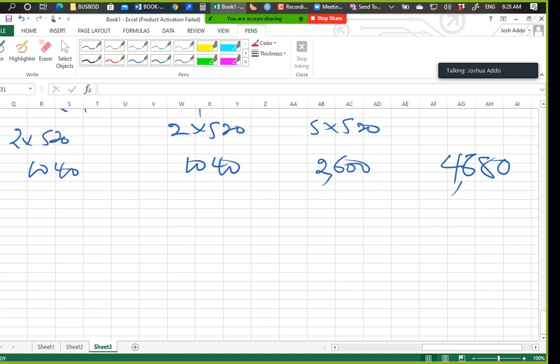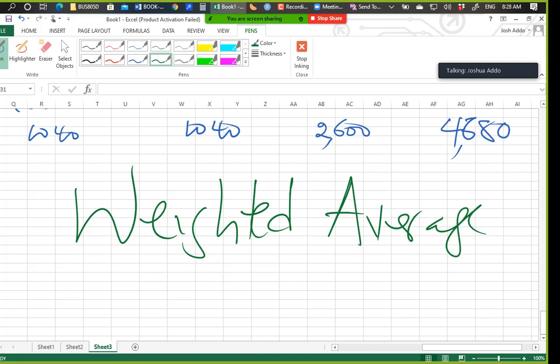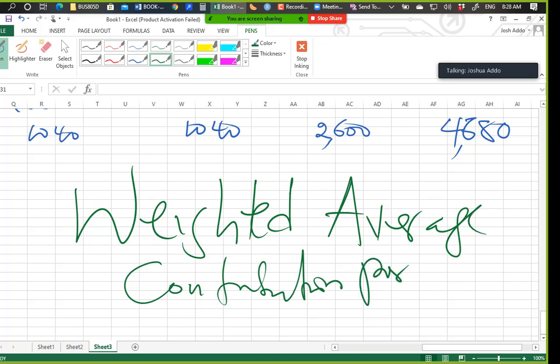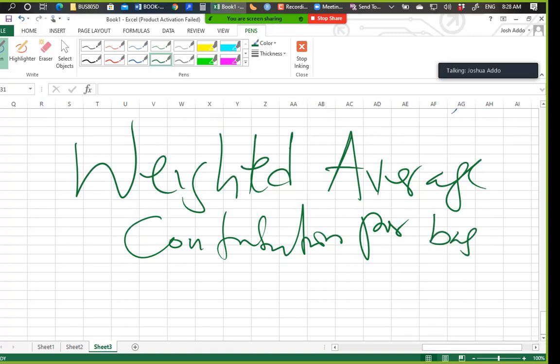That uses the concept of weighted average contribution per... It's still the bag thing, but in some textbooks you will see it as per the sales mix. Sales mix is the same as the bag, so per bag, because that's what I've used. This one will get you the total number of the products all combined.